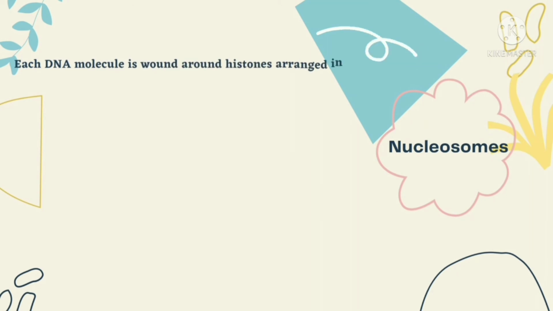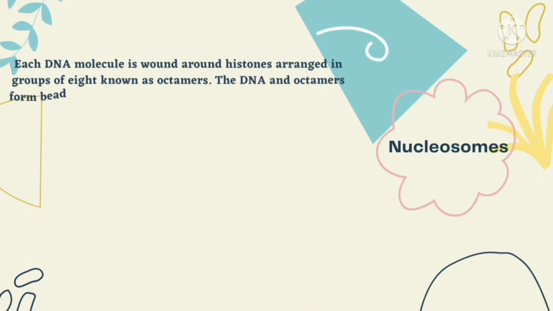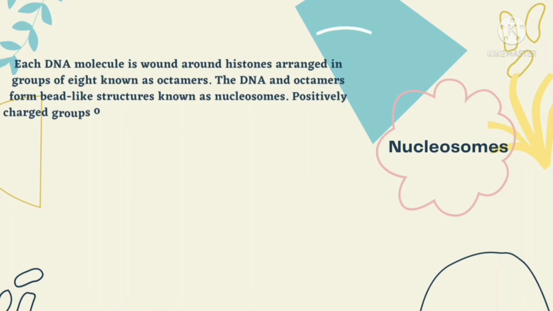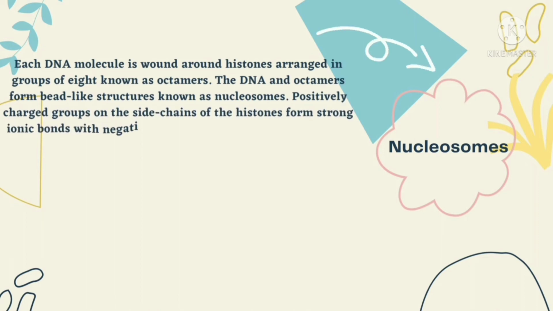Nucleosomes. Each DNA molecule is wound around histones arranged in groups of 8 known as octamers. The DNA in octamers form bead-like structures known as nucleosomes.